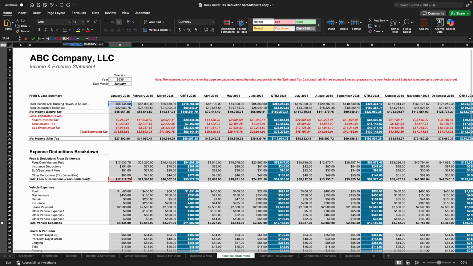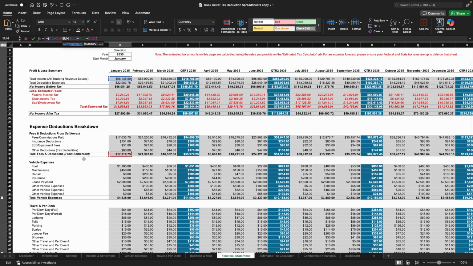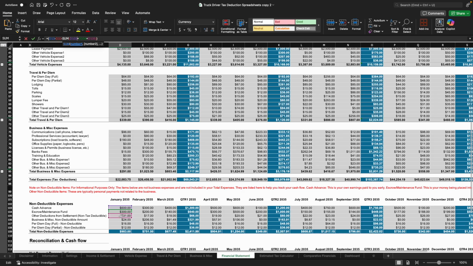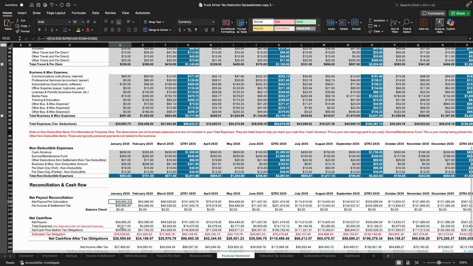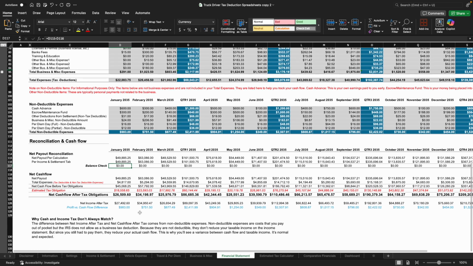Basically, it's adding up your total income minus your deductions on your settlement. Then you should arrive at your net payout. So for those two, if you've got to understand anything for this portion, just understand that if it's zero, that means this spreadsheet is doing the math correctly and the calculation is correct, okay? That means that they tie. And then from there, I do the net cash flow so that you can see how much cash flow you have.